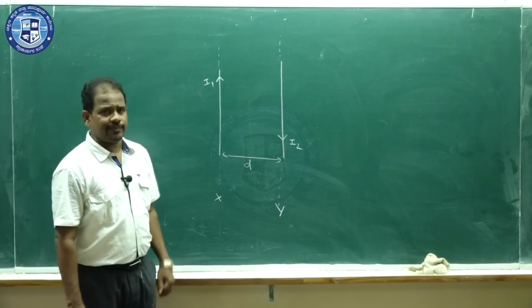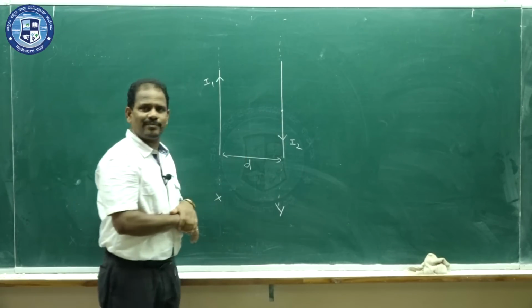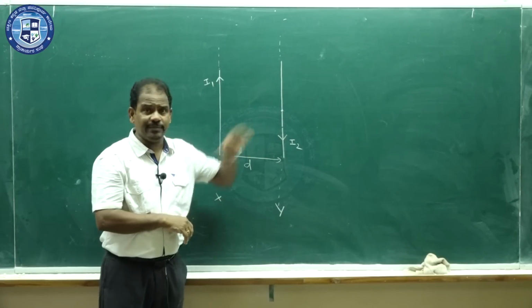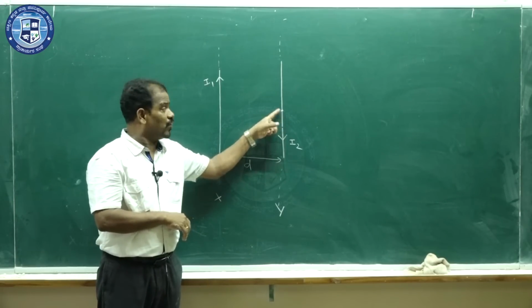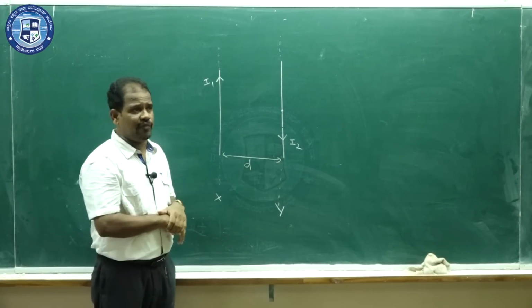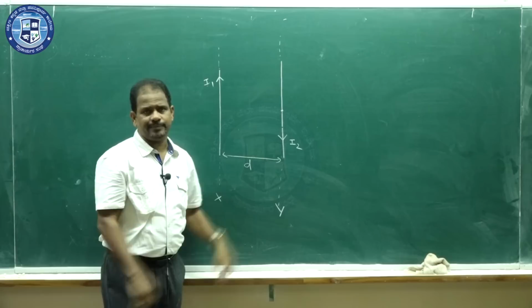To start with, finding the magnetic field here. The magnetic field here is not due to current I2, it is due to current I1. And the formula is B is equal to mu naught by 4 pi into I1 by d.